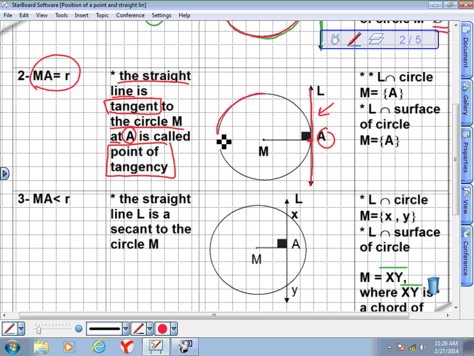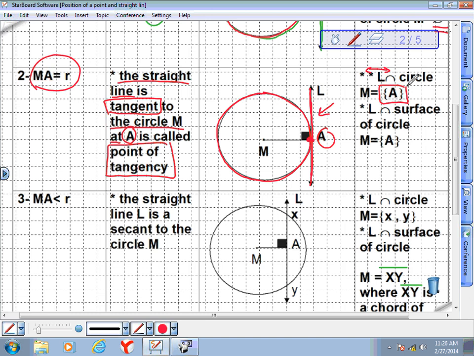The circle M and the straight line touched each other at the point A, and we will notice that the straight line L intersects the circle M at the point A, written like here.